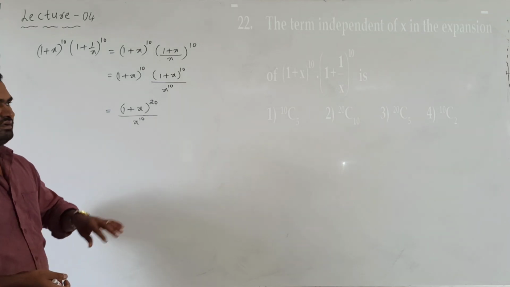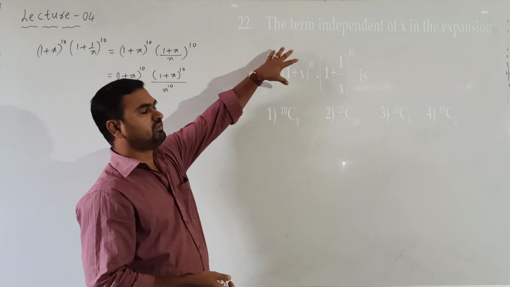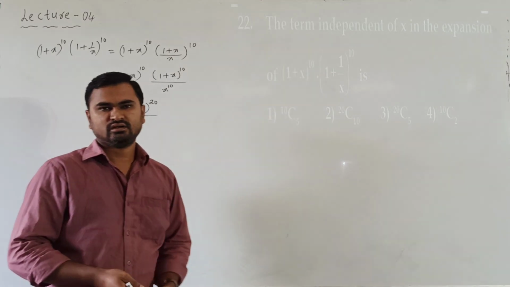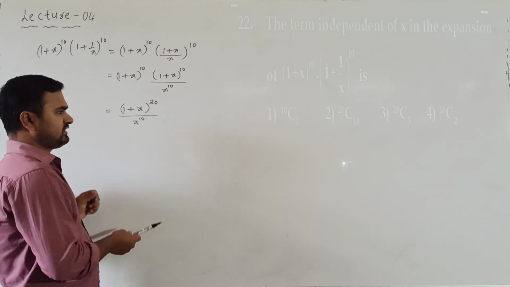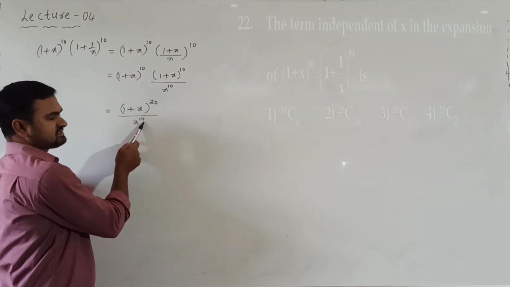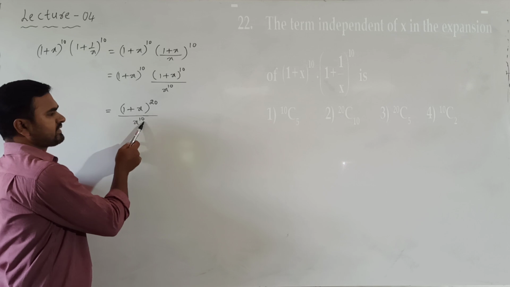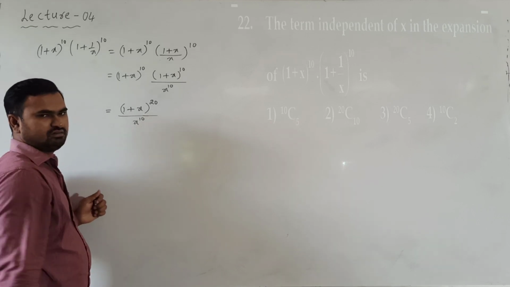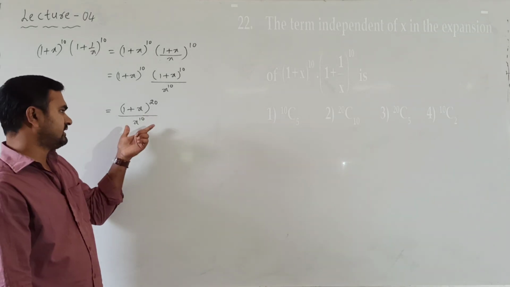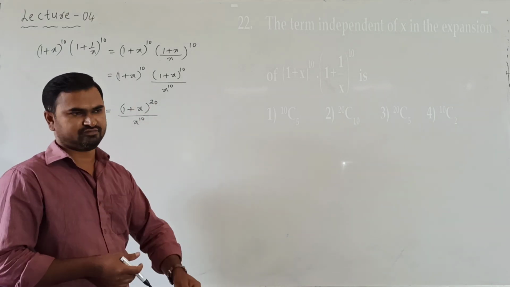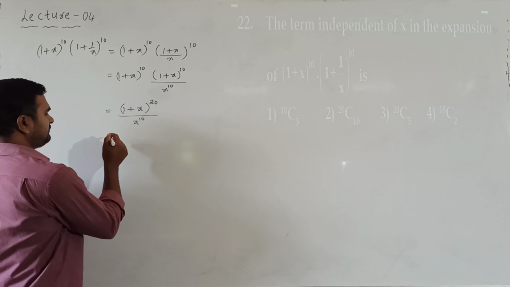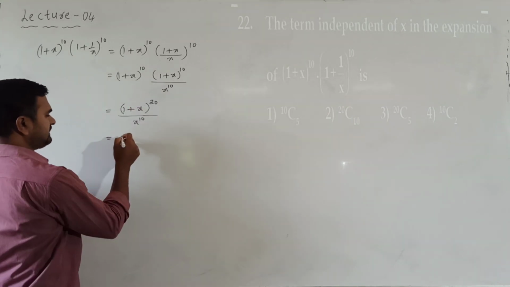Now observe, when do we get a term independent of x? Term independent of x means there should be no x term. So when do we not have an x term in this expansion? When in the numerator we have x^10 and the denominator is x^10, they will get cancelled, so that term will be independent of x. Now if you want, you can expand (1 + x)^20.